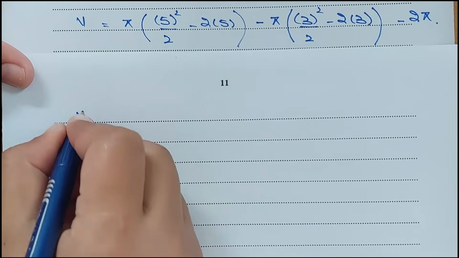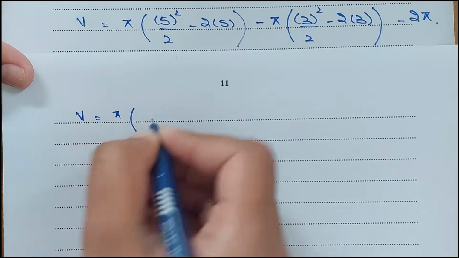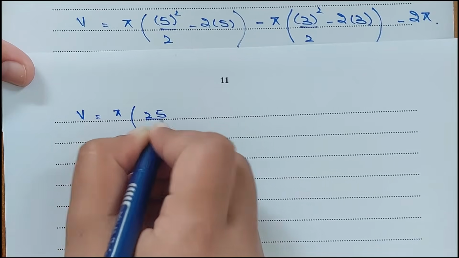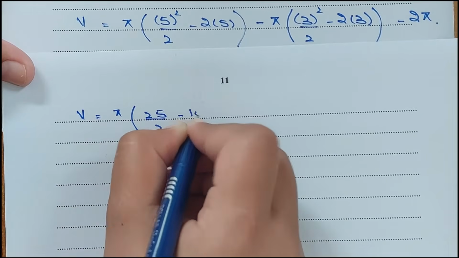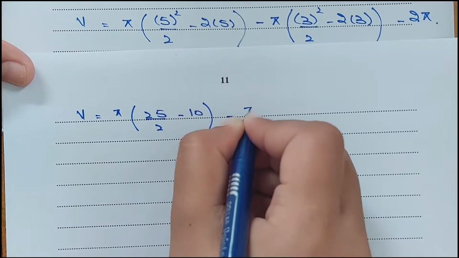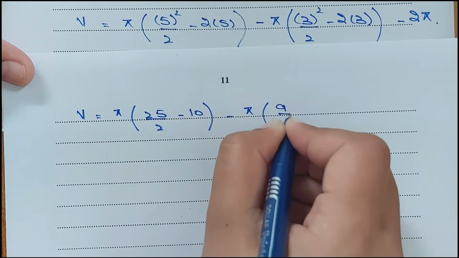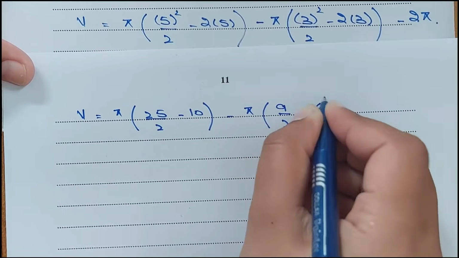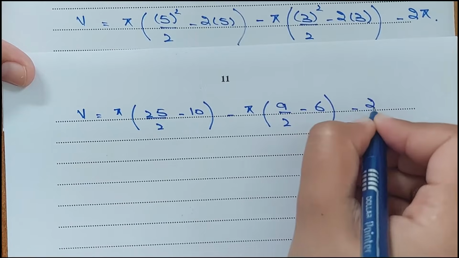Simplify this further, volume would be equal to pi, 25 over 2 minus 2 times 5 is 10, minus pi, 9 by 2 minus 6, minus 2 pi.